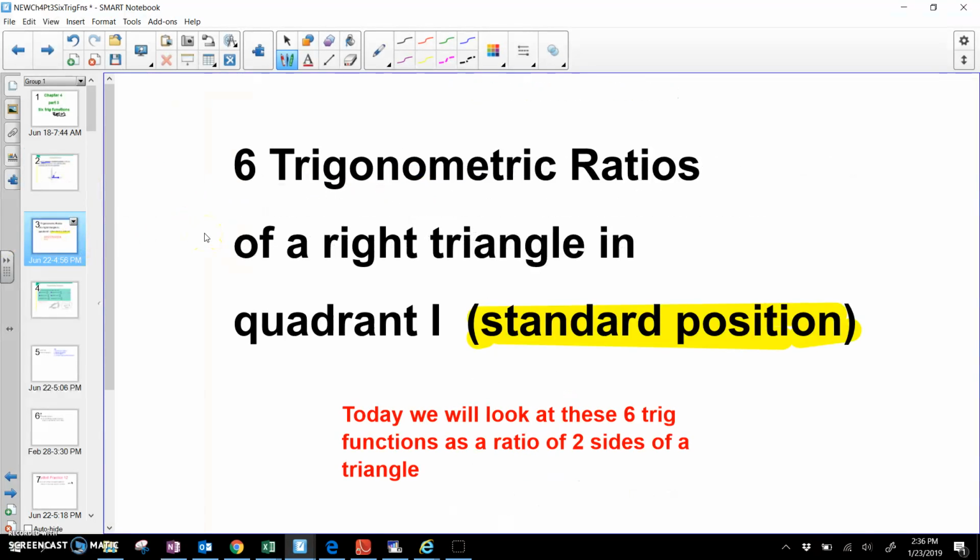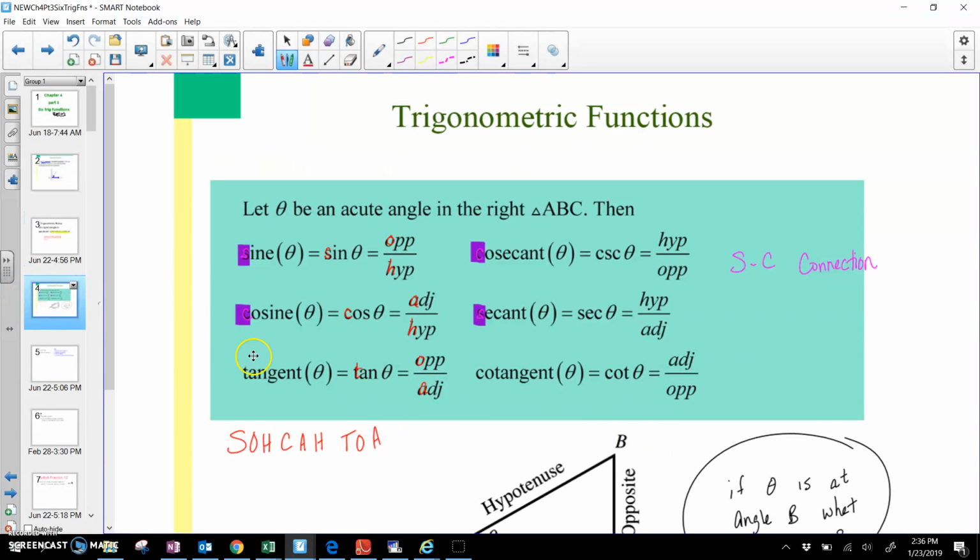So we're going to start by talking about 6 trig ratios of a right triangle in quadrant 1, so in standard position. Today we will look at these 6 trig functions as a ratio of 2 sides of a triangle. Hopefully you remember hearing SOHCAHTOA from the past, and that's really what we're looking at today. So if we think about SOHCAHTOA, the SO stands for sine of theta equals opposite over hypotenuse.